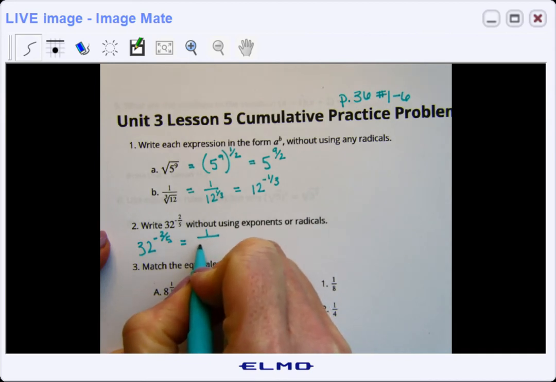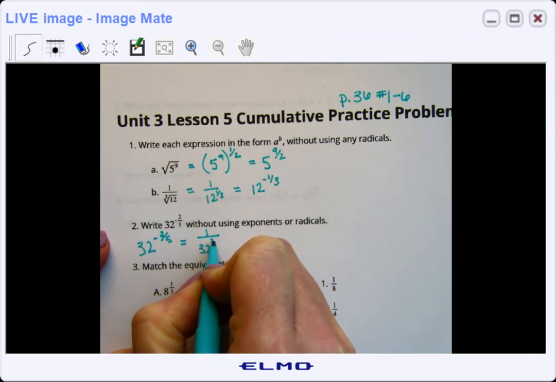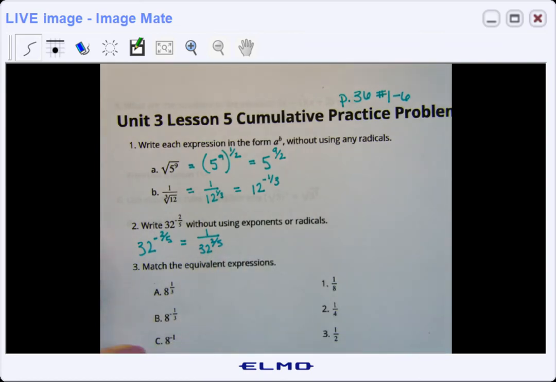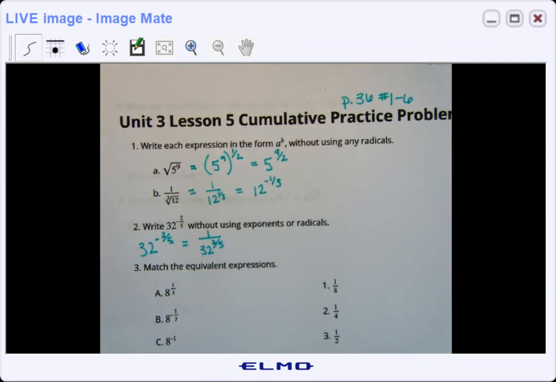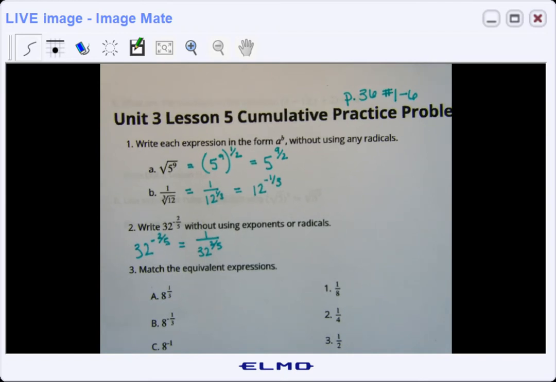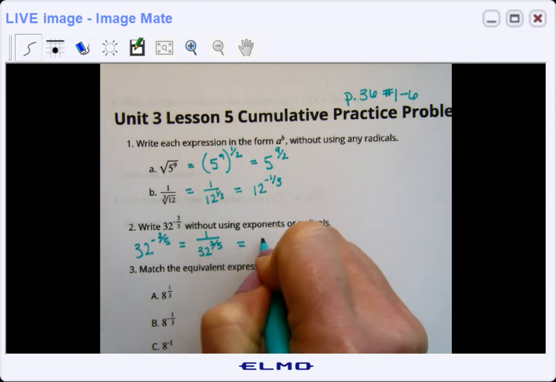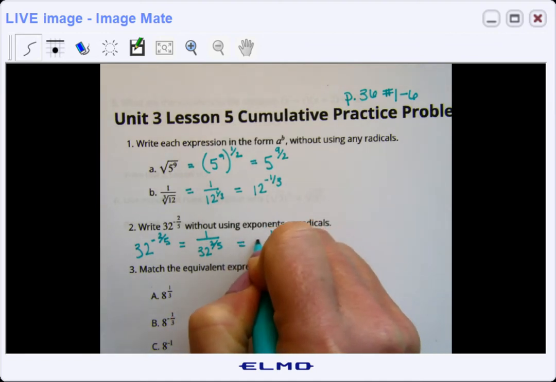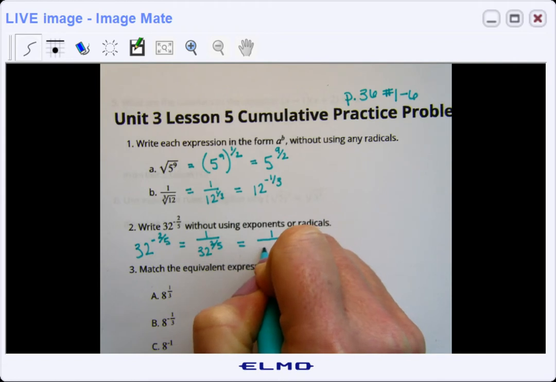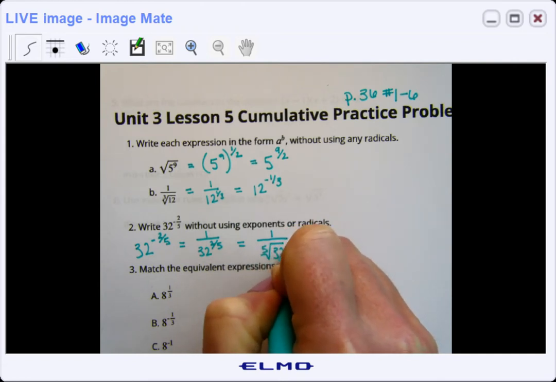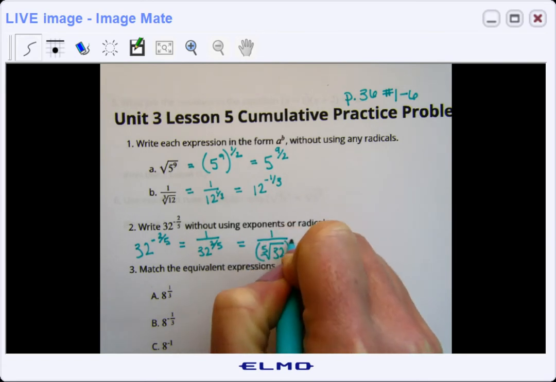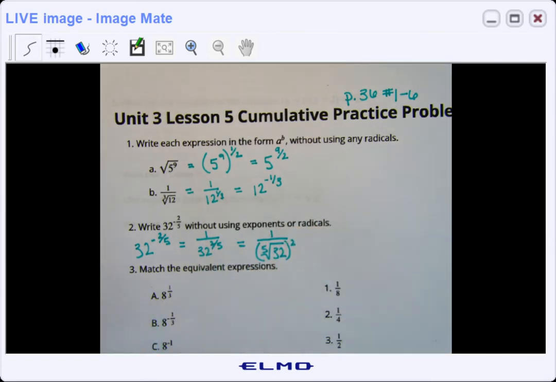32 to the 2/5. And so I can take that 2/5 and say, oh, well, then it's the fifth root, right? Because 5 is the denominator of that fraction exponent. So I'm going to rewrite this now as 1 over the fifth root of 32, but that's squared because of the 2 in the numerator.